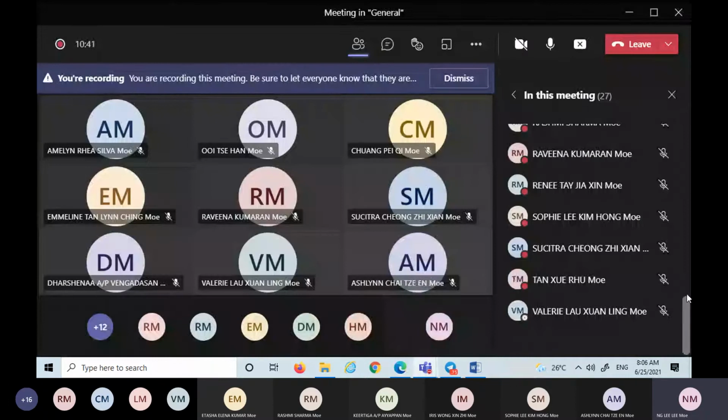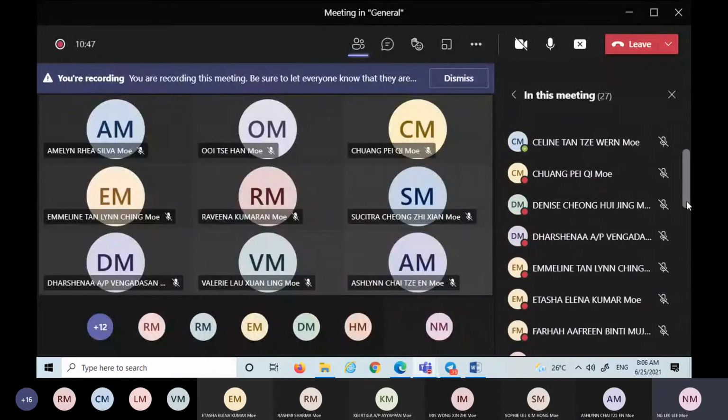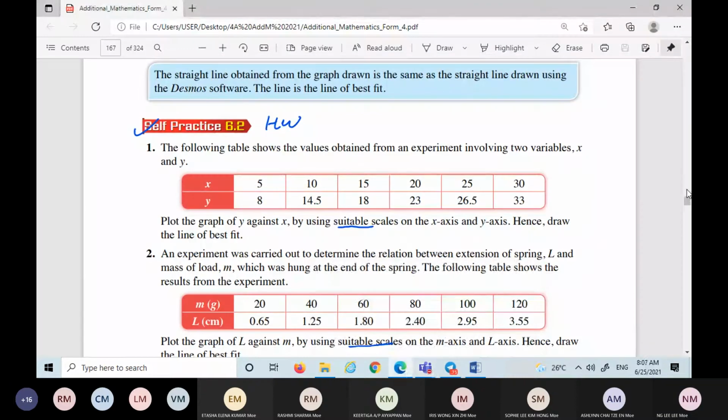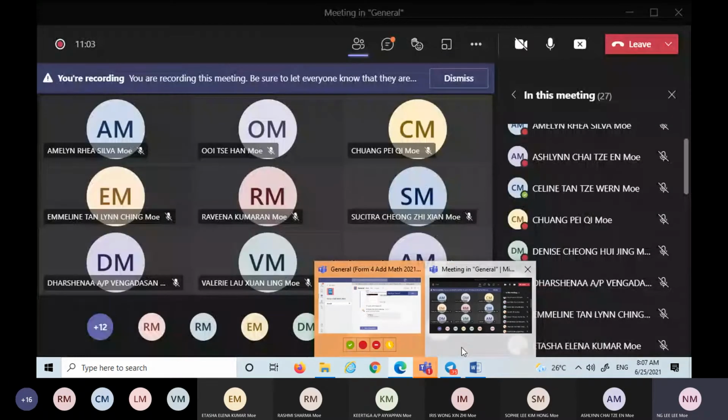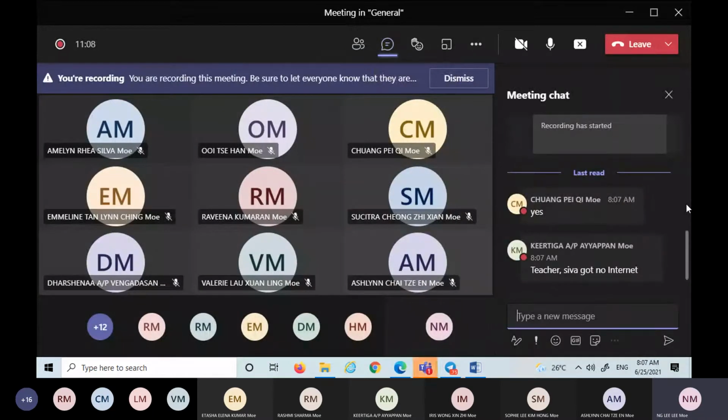Peichi is here. Peichi, what is the skill you use for the x-axis? And Denise, you get ready the skill for the y-axis. Question number 1. Siva has no internet.